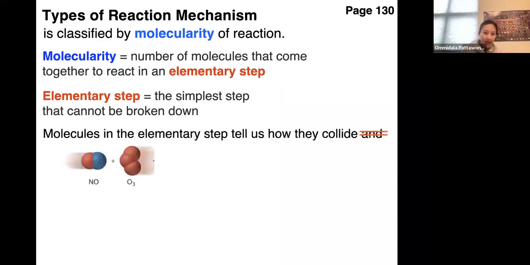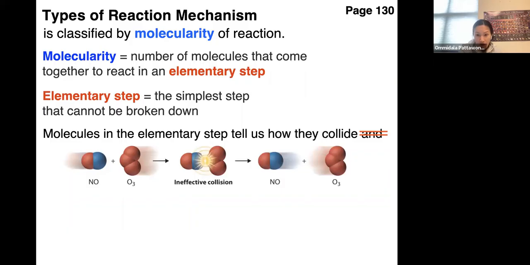So here, for example, if you have two molecules, nitrogen monoxide and ozone, when they collide, this shows the collision of the two molecules. This collision is what we refer to as an elementary step. Some elementary steps lead to an ineffective collision, leading to a product we do not desire, which is an unproductive collision that we saw earlier in collision theory.